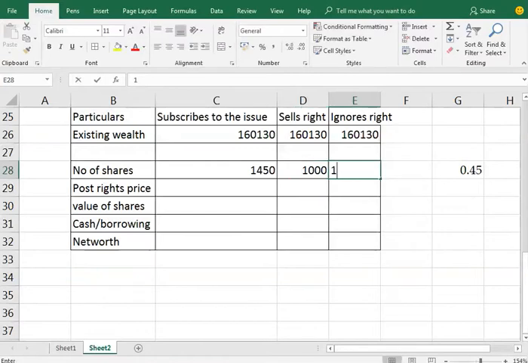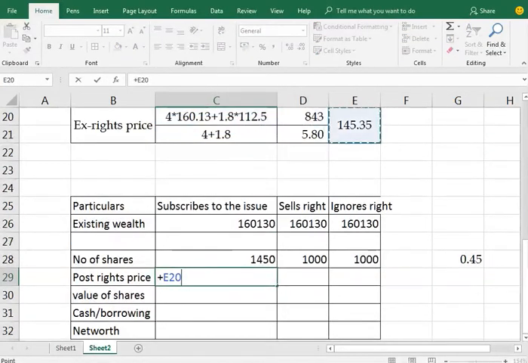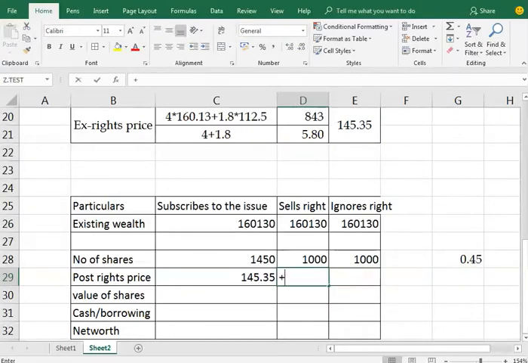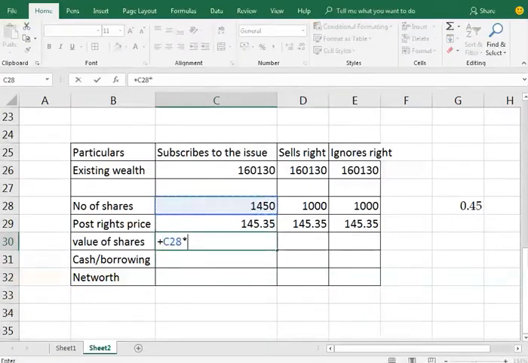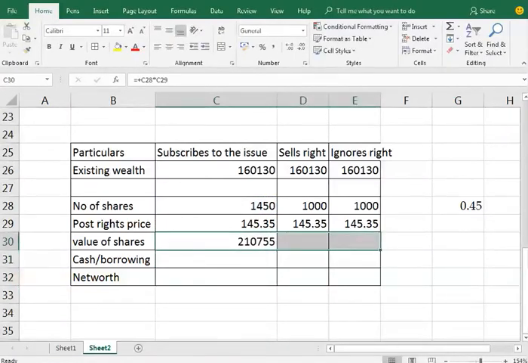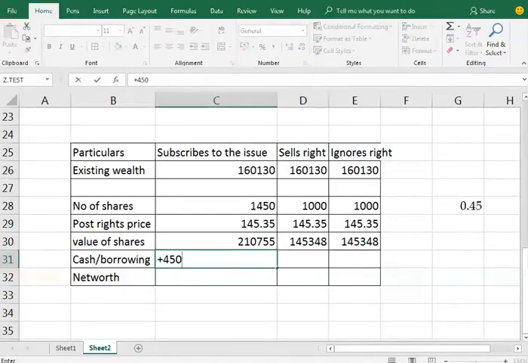In the case where I continue at 1000, the post rights price is 145.35. This will be my value of shares. In the case of borrowing, my borrowing is 450 shares into 112.5.